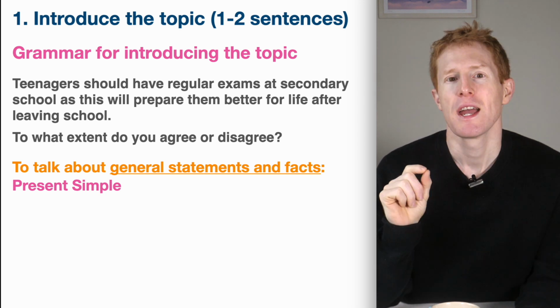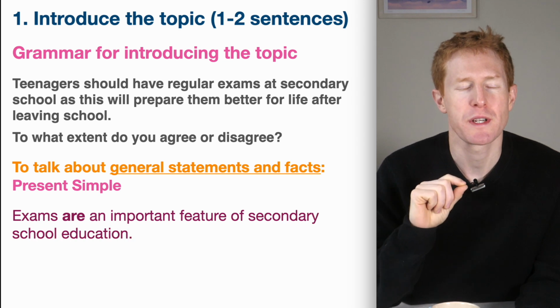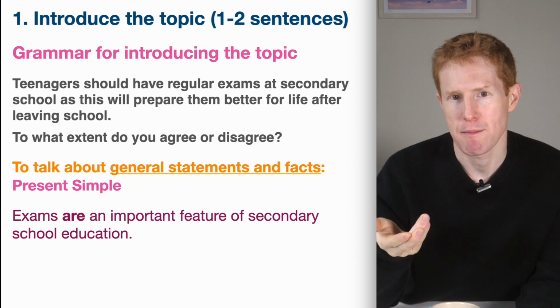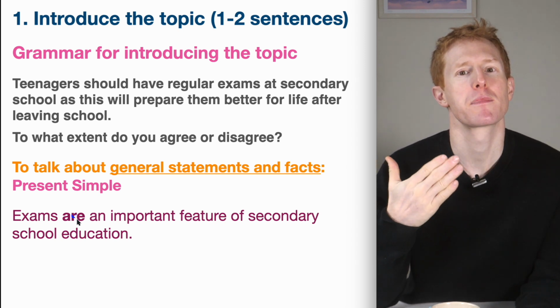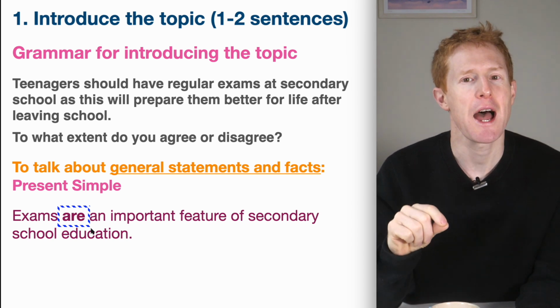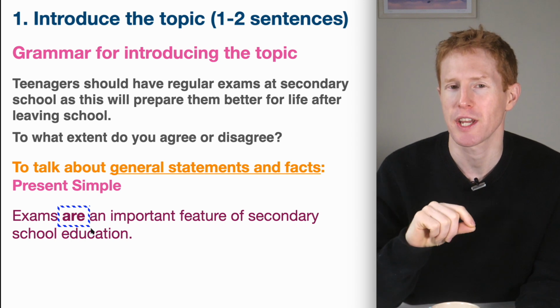Let me show you. Exams are an important feature of secondary school education. So this is a general statement and we're using the present simple of the verb be, are. Exams are an important feature of secondary school education.